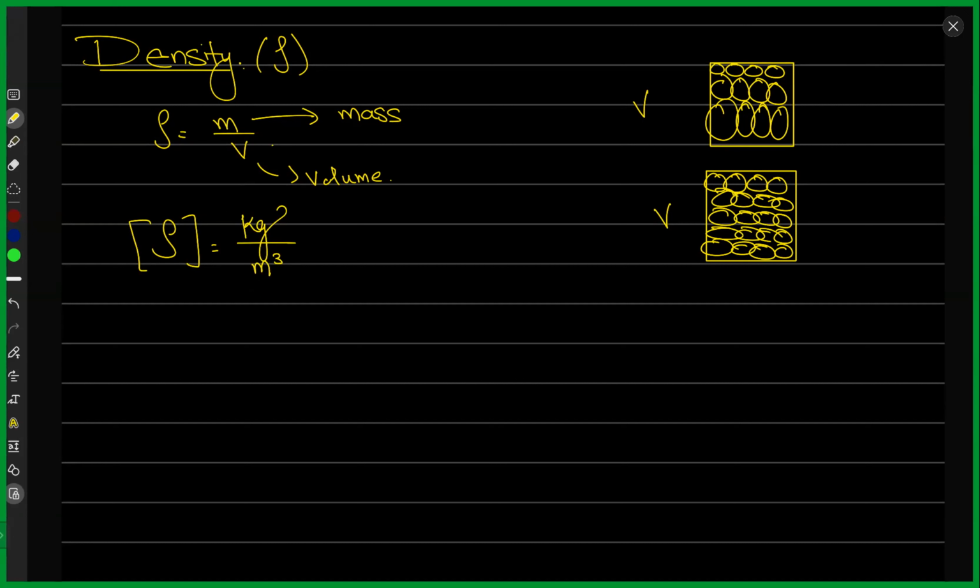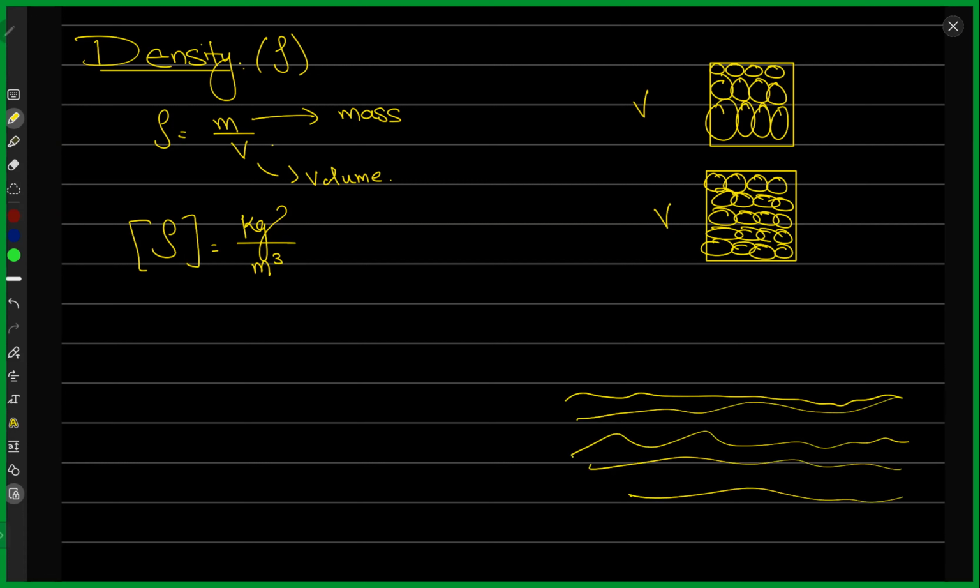All right, now let's talk about an interesting thing. If you have an ocean of water, and I have a ship that sails in this, you'll have to completely ignore the drawing.